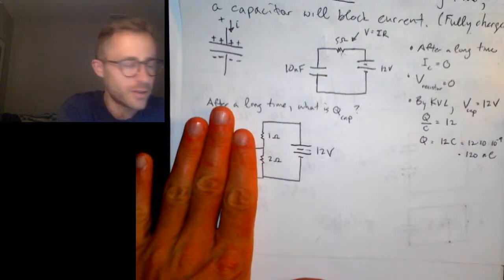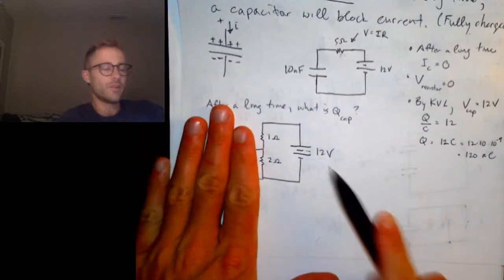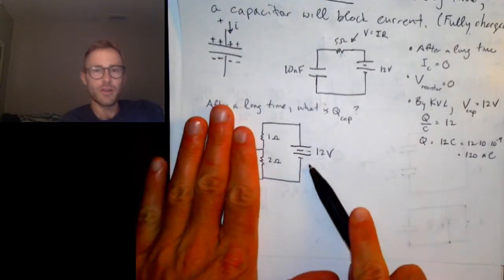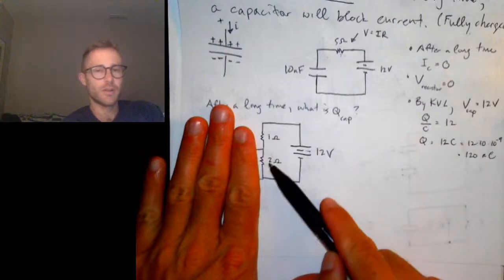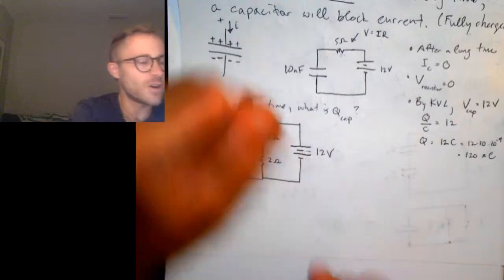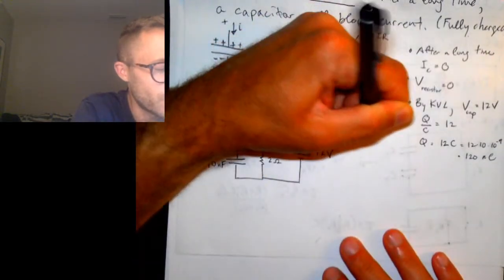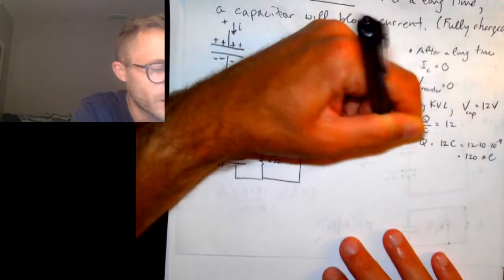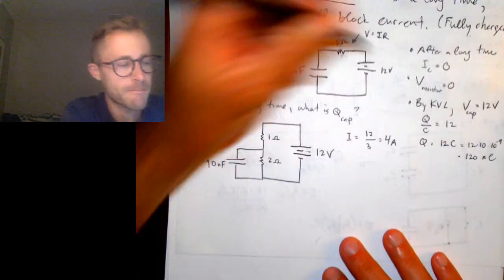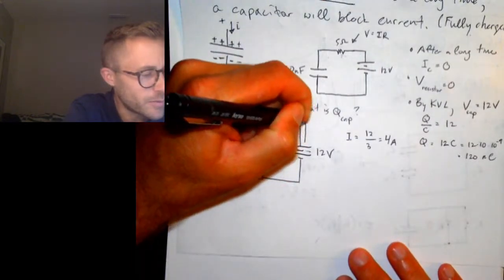And if I forget about the capacitor, it looks like a 12-volt battery pushing current through 3 ohms of total resistance. So after a long time, the current is going to be 12 over 3, or 4 amps. Okay? So 4 amps is going to come out the battery.